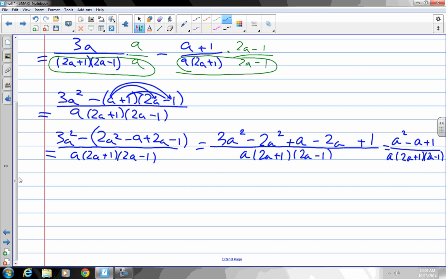You look for two numbers that multiply to positive 1 and add to negative 1. Can you think of two numbers that multiply to positive 1 and add to negative 1? Well, they'll add to negative 2. Right? So product is 1, sum is negative 1. No, it doesn't work. If there was a 2 in the middle, then it would work.